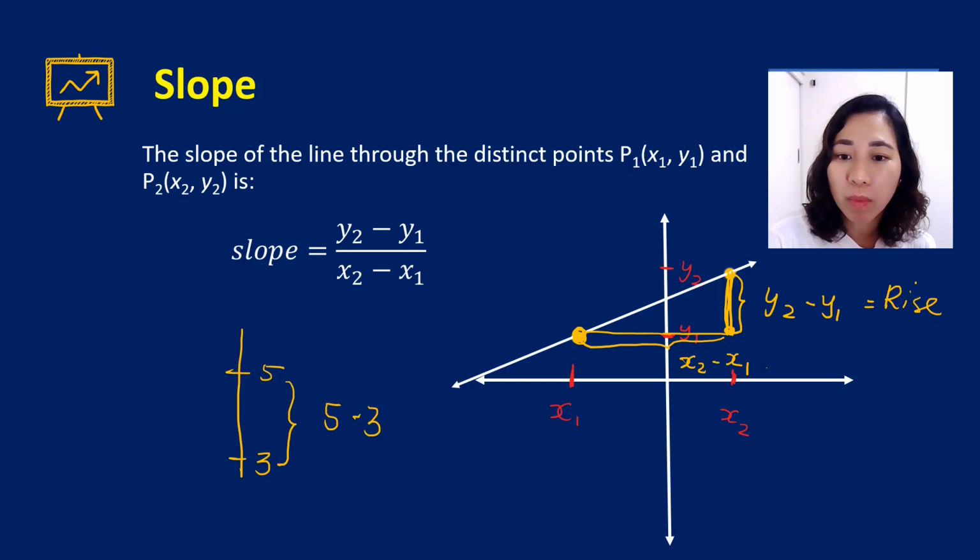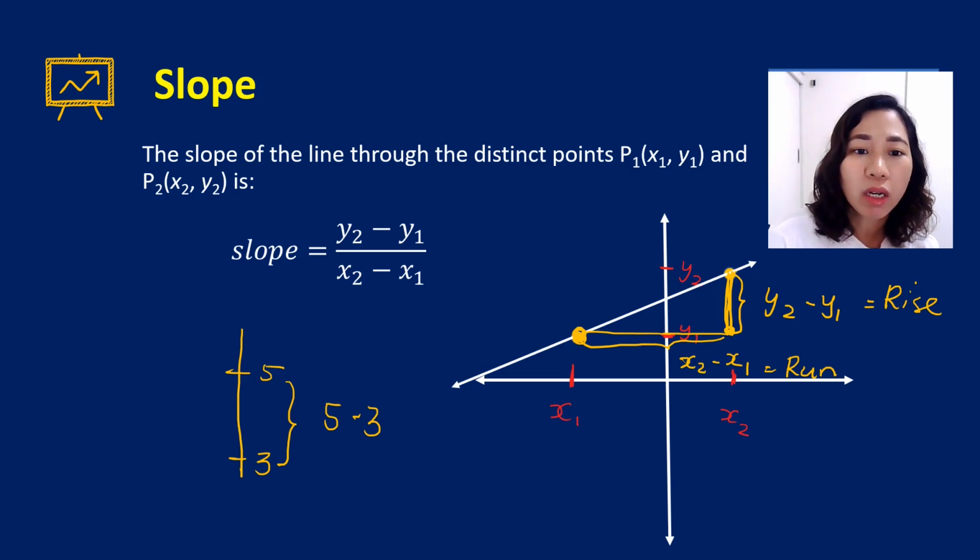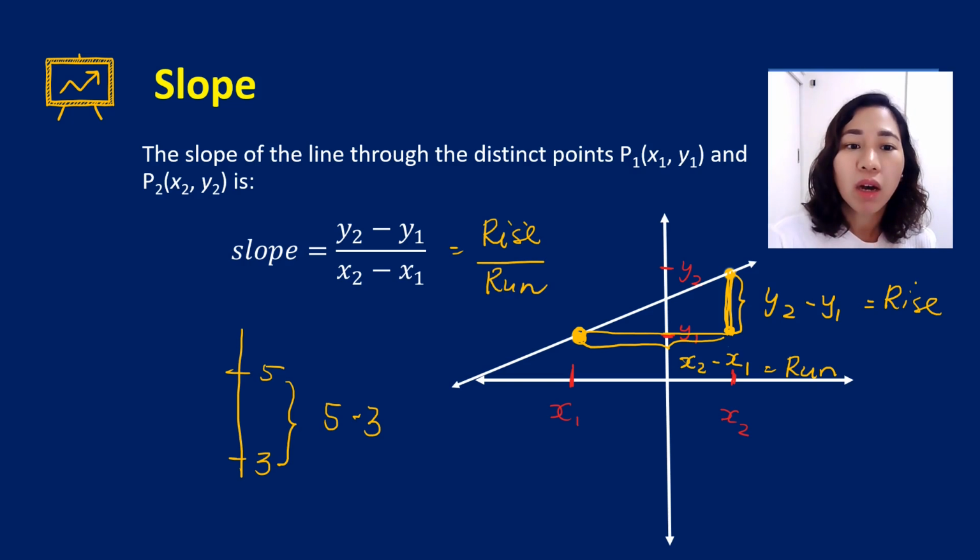And this x2 minus x1 is called your run. So our slope is given by rise over run. And what is this saying? Let us interpret this, it's saying that it's equal to the difference of the y coordinates over the difference of the x coordinates.